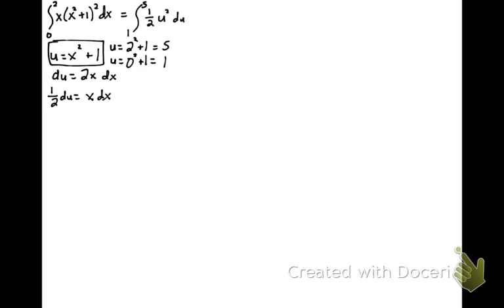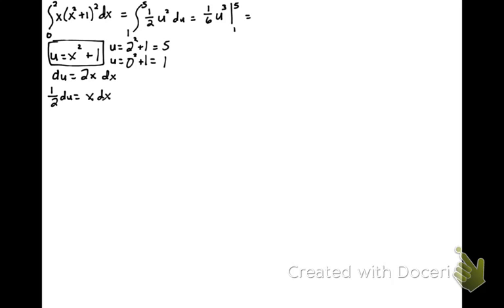What's nice about this, though, is I don't have to go back in order to evaluate this. I know that the integral of 1/2 u squared will be, what's that going to be? U cubed. So 1/6 u cubed. And I'm going to leave my limits of integration in terms of u from 1 to 5. Now I can evaluate it just like this.